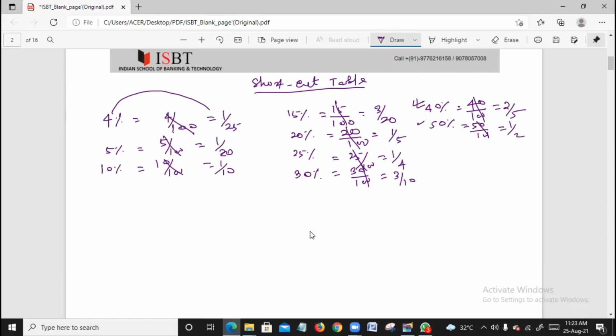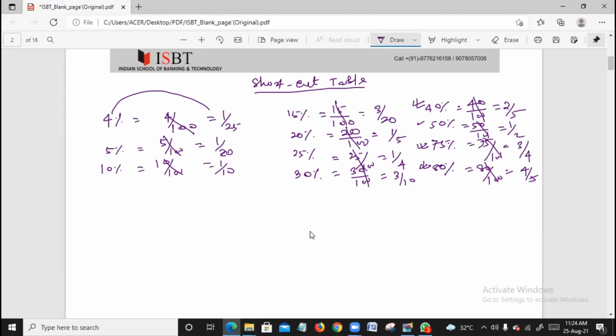Then 75%. Important. 75% means 75 by 100. Cut by 25: 3 and 4. So 3/4 means 75%. Now 80%. 80% means 80 by 100 is equal to 4 by 5.